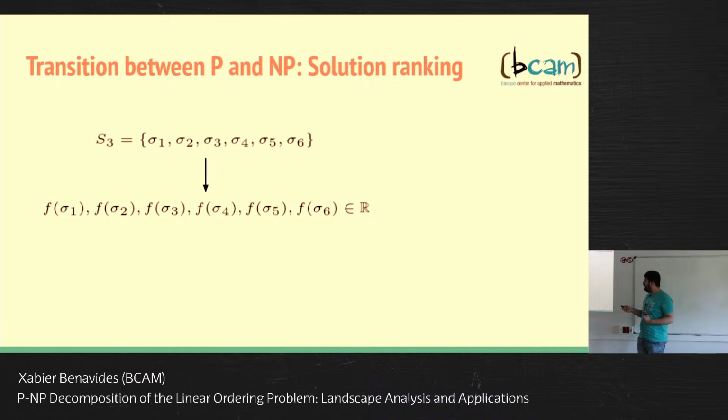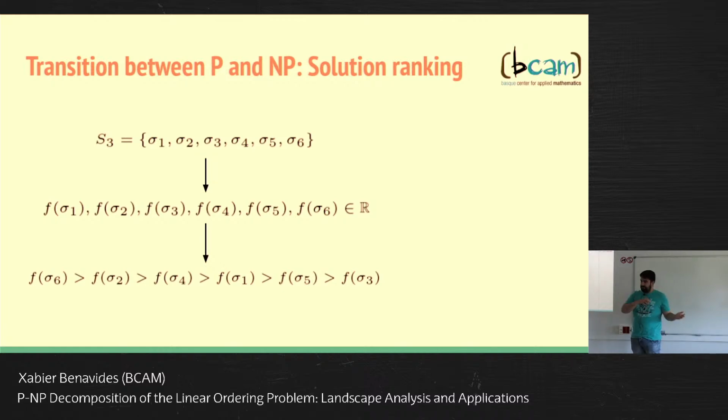Okay? All these objective function values are just real values. So what we can do is to order all these permutations according to their objective function values. Okay? So for example, in this case, we have ordered them in decreasing order as the linear ordering problem is a maximization problem.